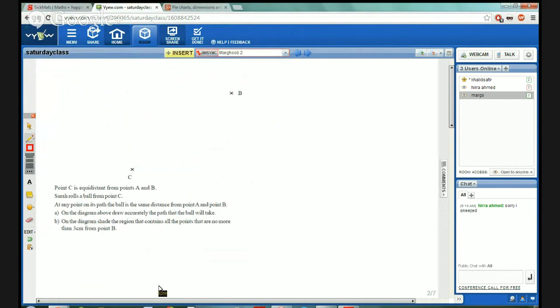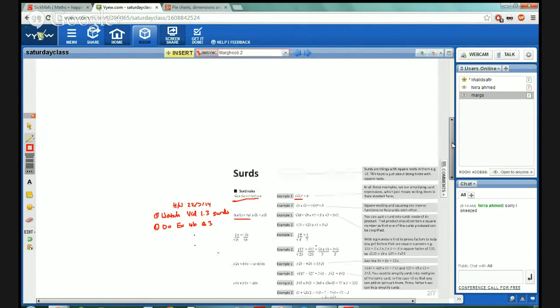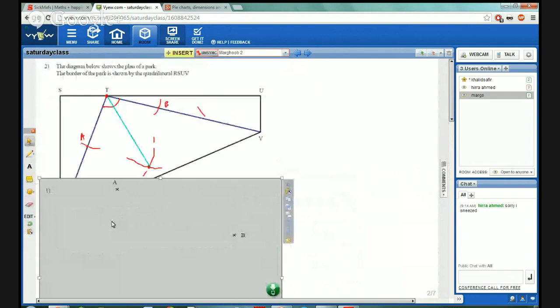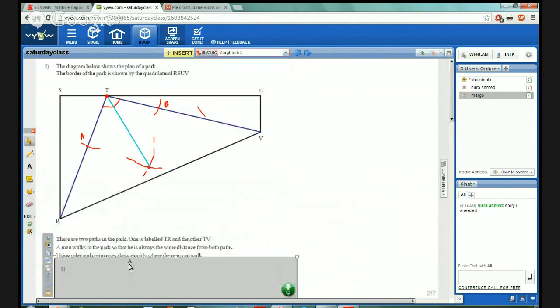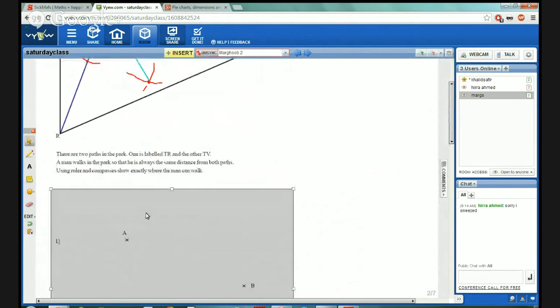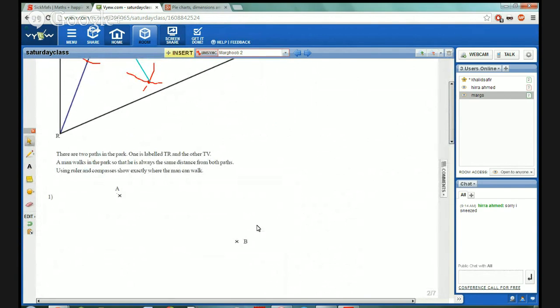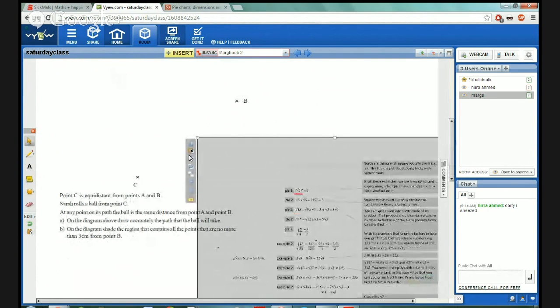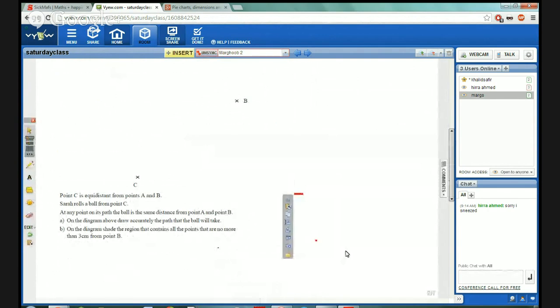Where's it gone? Oh, there it is. It was right in front of me. Yeah, that's it, mate. Have a look at it. Read the question. Do it. And I need to get rid of that search thing.